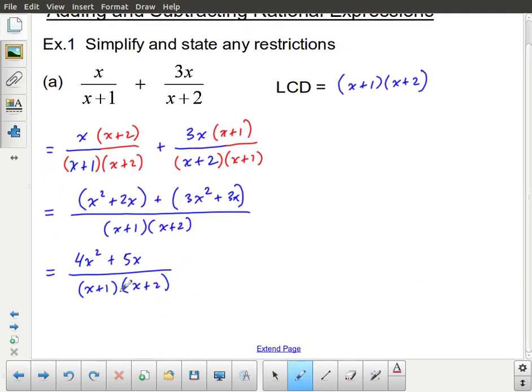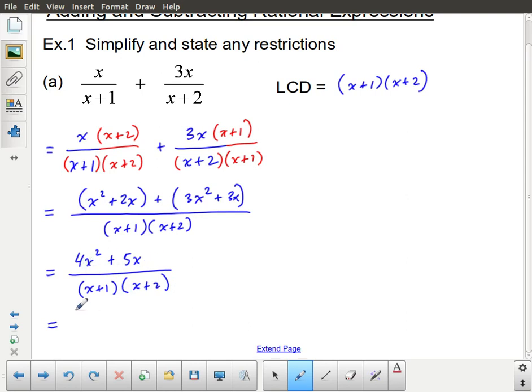And the reason why I don't recommend that you expand and simplify the denominator is because once we've simplified this numerator, we need to refactor if possible to see whether or not there's any further simplification by dividing out factors.